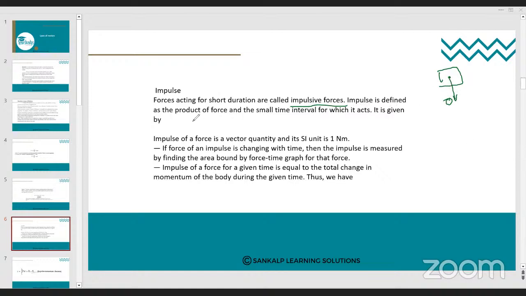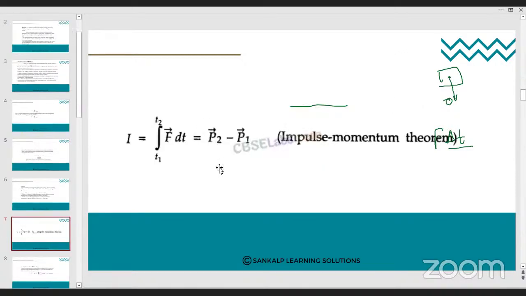So impulse is defined as the product of this force and the small time interval. In physics, a small time interval is denoted by delta t. Here you can see the formula: impulse is denoted by I, moment of inertia is also denoted by I. So impulse I is equal to F into dt.